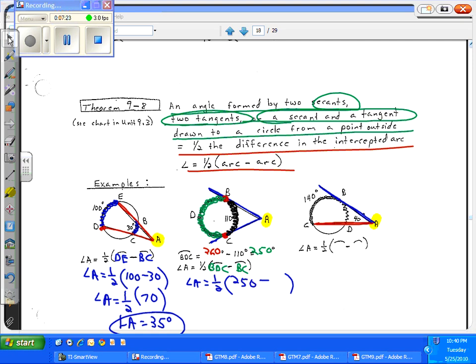Their measures were 250 and 110. And so angle A is equal to 1/2 that difference, the difference being 140. And so angle A is half of that, which is 70 degrees. Okay?